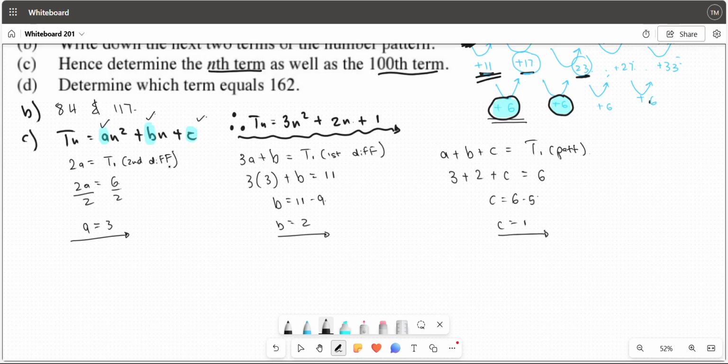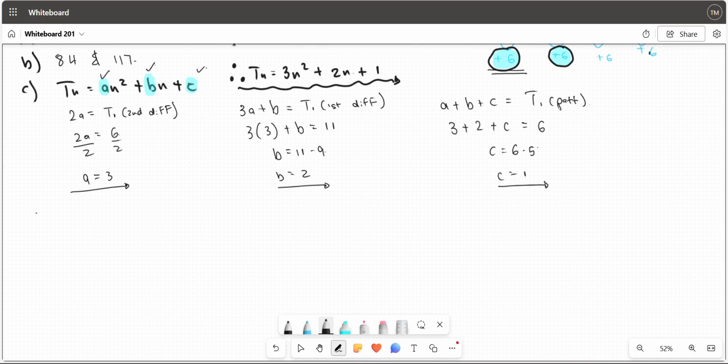So now we have the nth term, we can use it to find T100. How does that work? Where n is, we substitute 100 wherever we see n. And this, we just plug into our calculator.